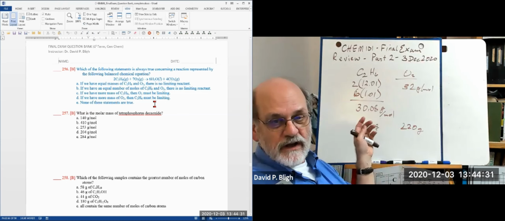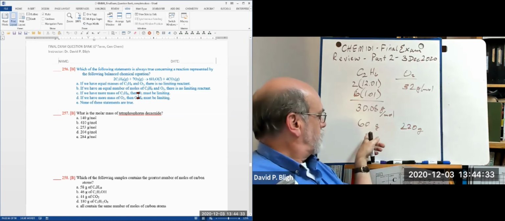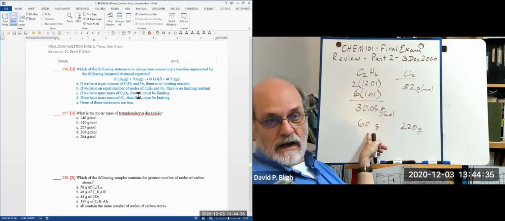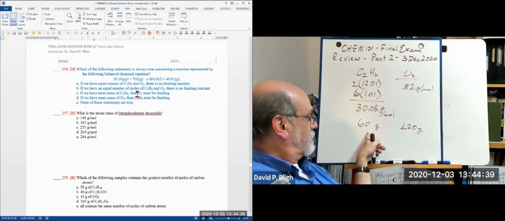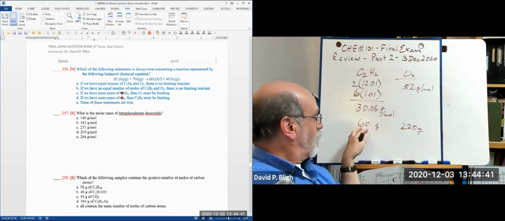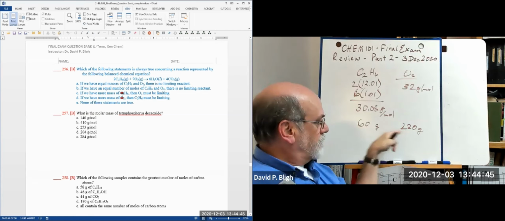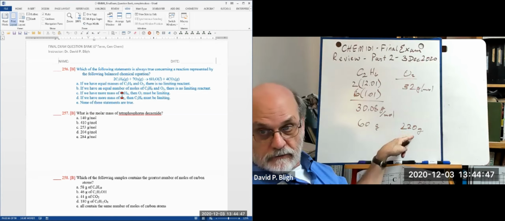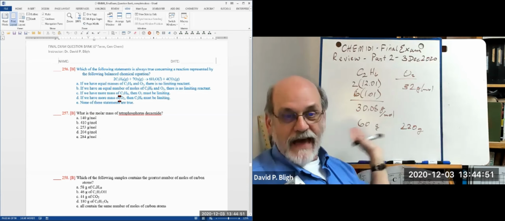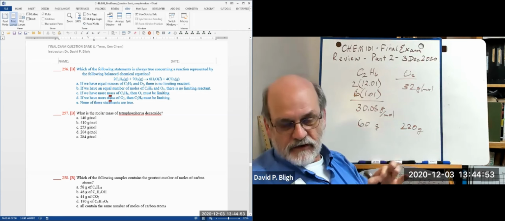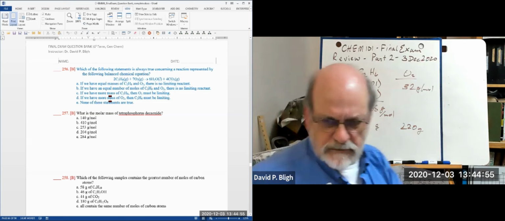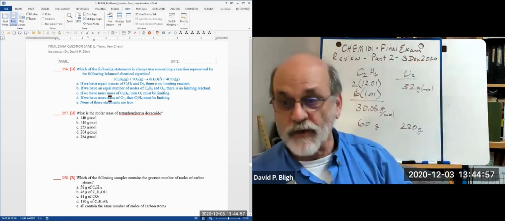More mass of C2H6 than O2, then oxygen will be limiting. If we have more mass of this than that, then we're going to run out of this first. So with that logic, C is the answer. Did I confuse anybody? I almost confused myself.